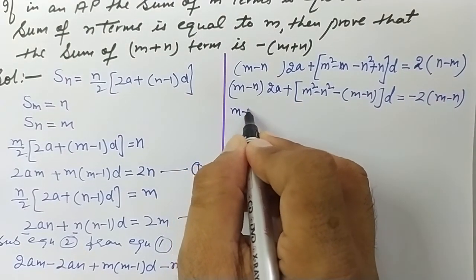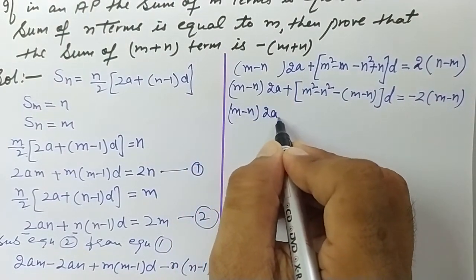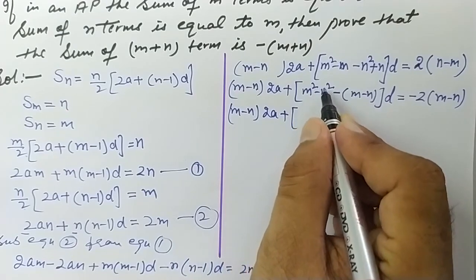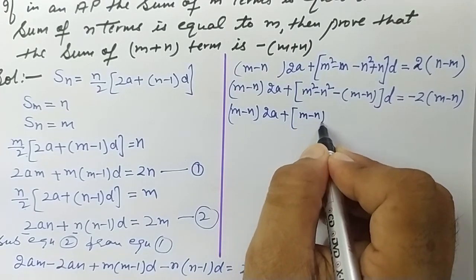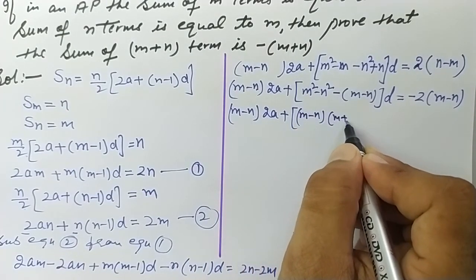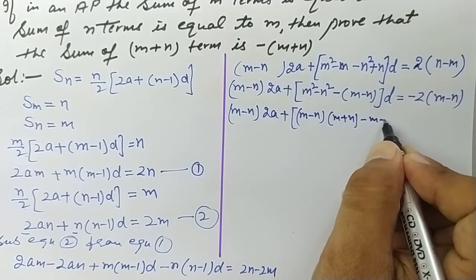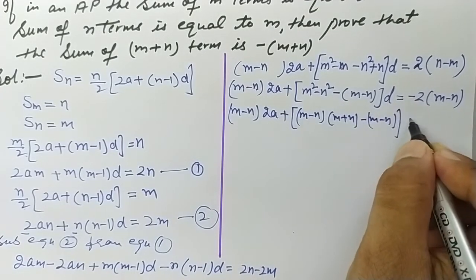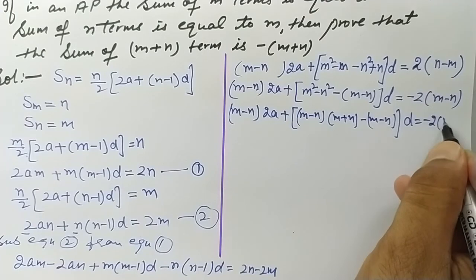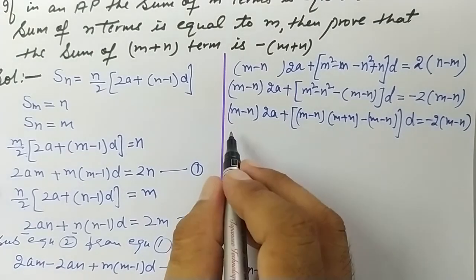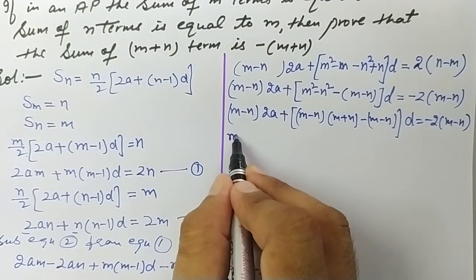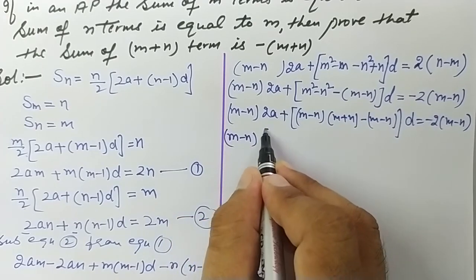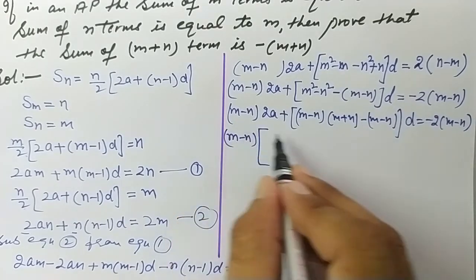So again m minus n into 2a plus, here a square minus b square can be applied, a minus b into a plus b, and m minus n as it is, into d is minus 2mn. On this side also, m minus n is taken common from all of these.